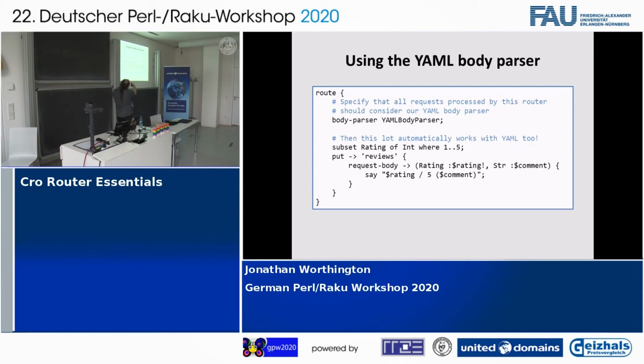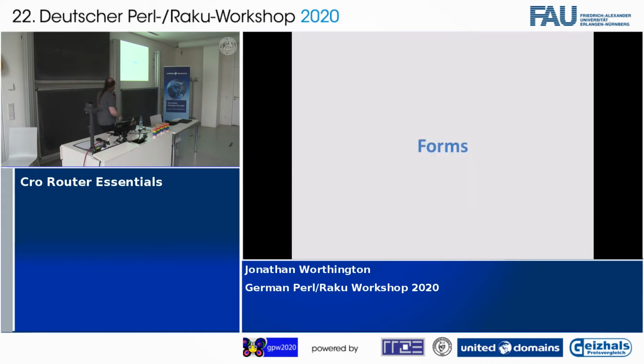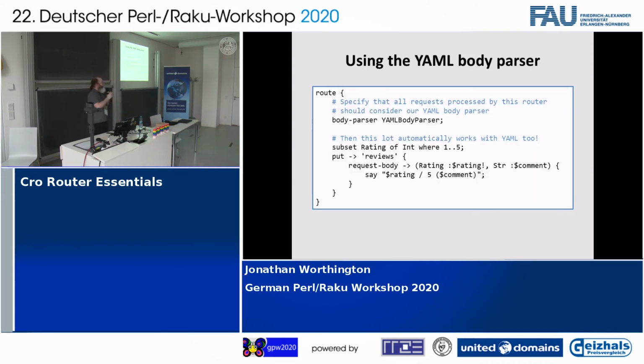We use it by saying body parser, and at this point we could submit JSON to this, or we could submit YAML to this, and this code will work just the same whichever one we submit. It doesn't really care. And yes, you could write a body serializer selector that looks at what was requested and then hands back the same as well, for example.